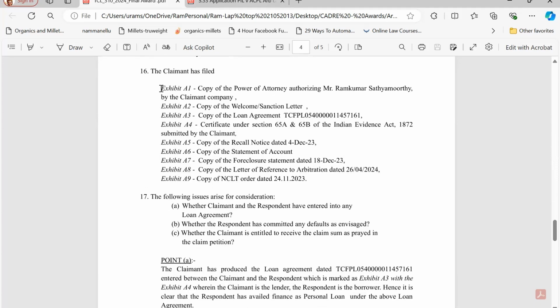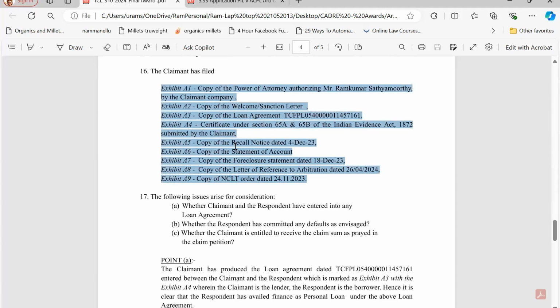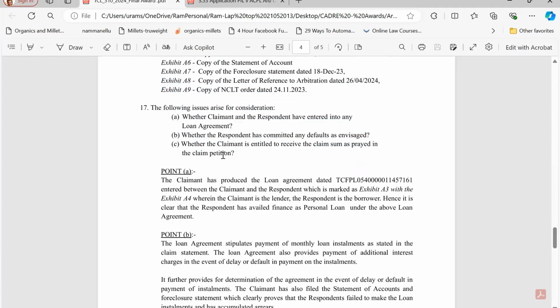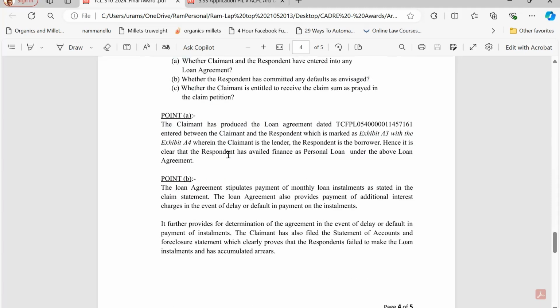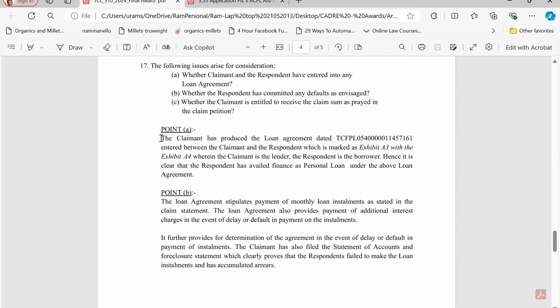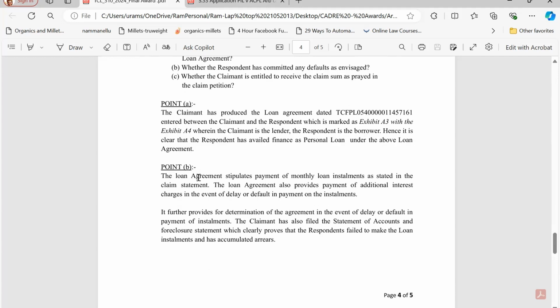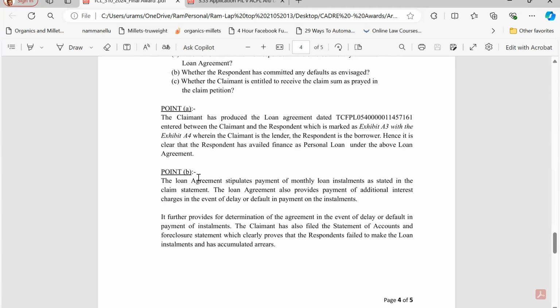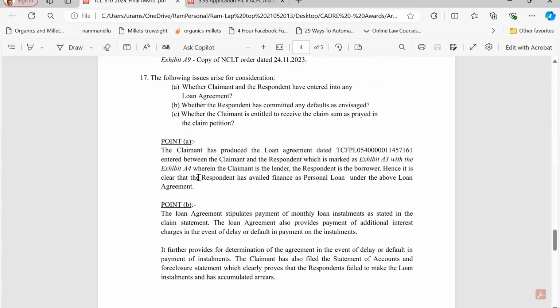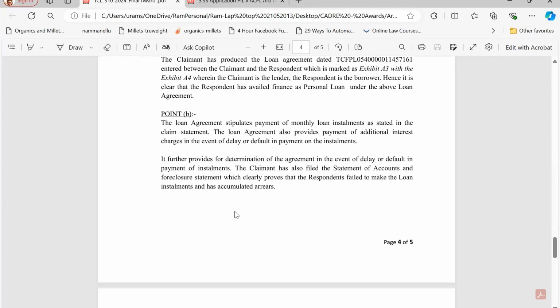The documents which were marked in this proceeding are listed out here, and the issues which were finalized in this proceeding are listed out here. For every issue, the tribunal has given its decision along with the reasoning, referring to the documents submitted by the claimant and the parties.